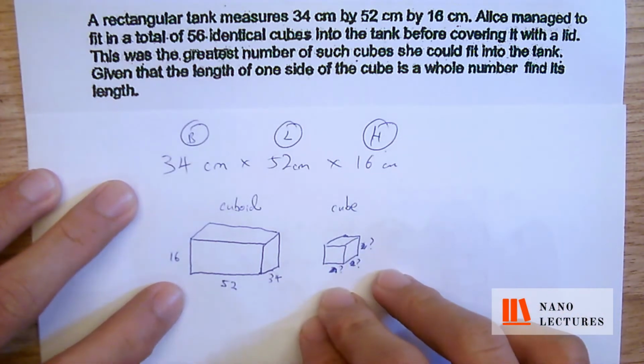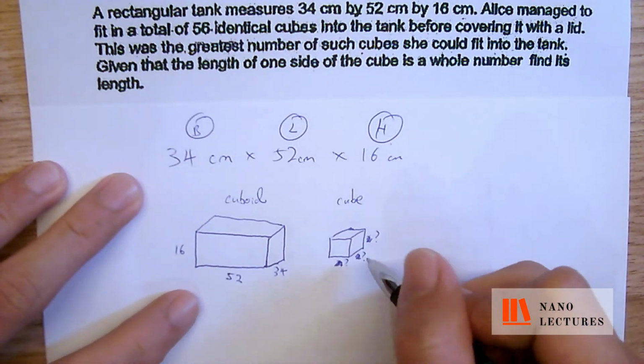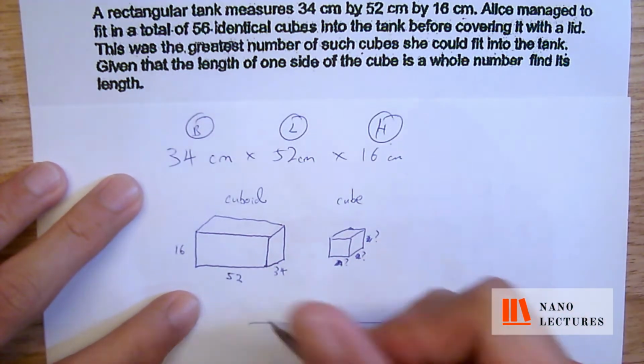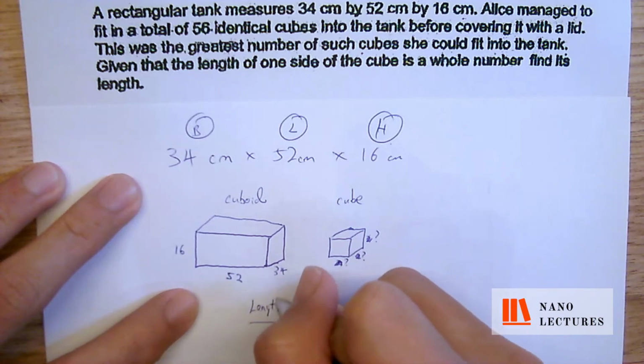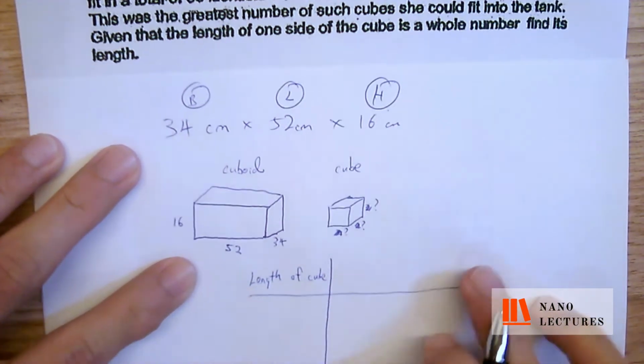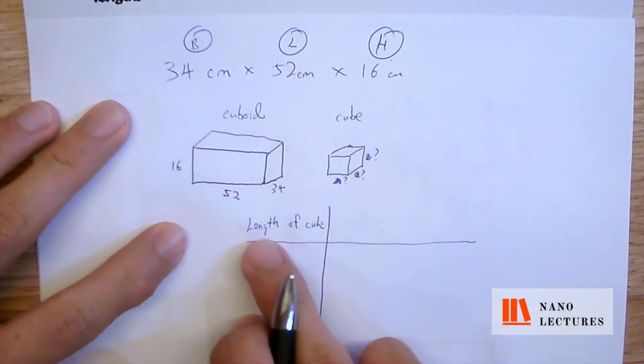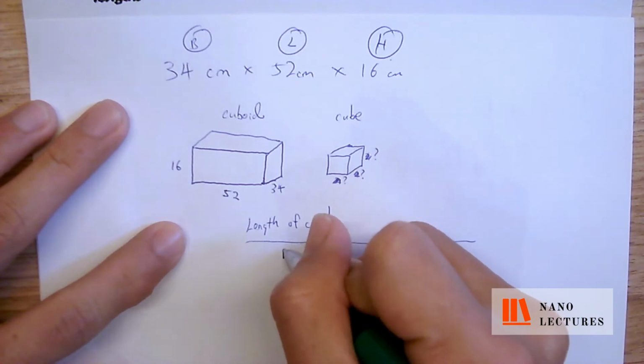Now, in order to do this question, the fastest way that I found is this. Let's say I choose the length of my cube, which is one side, to be 1 cm.